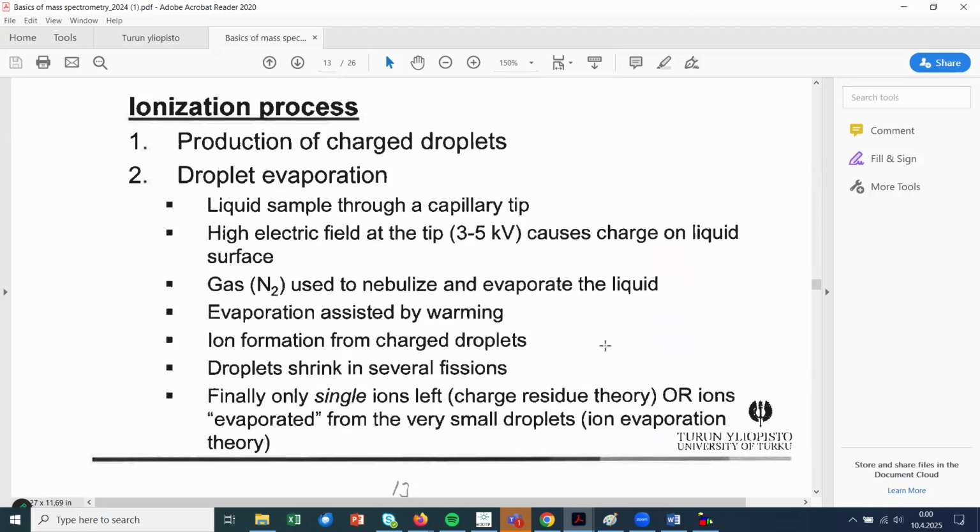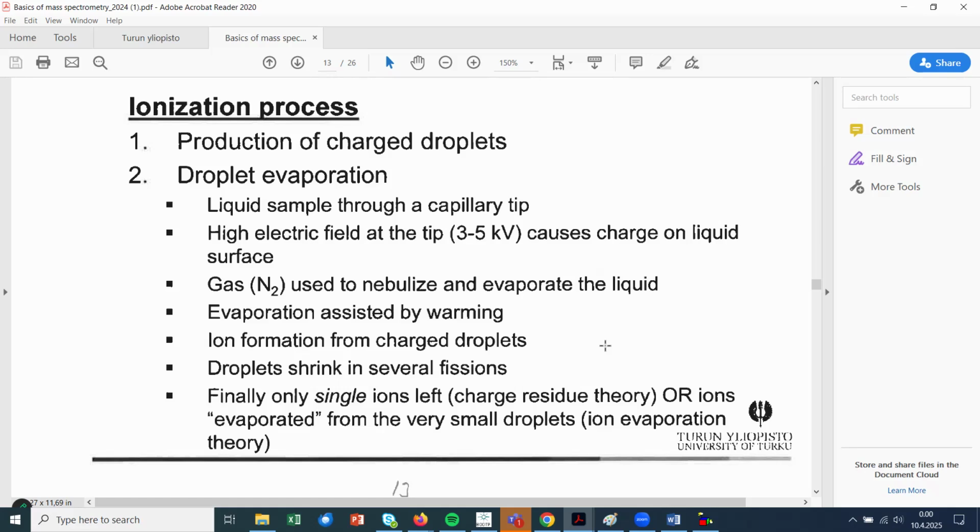What is also important in addition to this charged liquid is that we need to have these charged droplets. The gas is used to nebulize or make those droplets and also to evaporate the liquid. So this is a process of droplet formation and evaporation in high voltage.